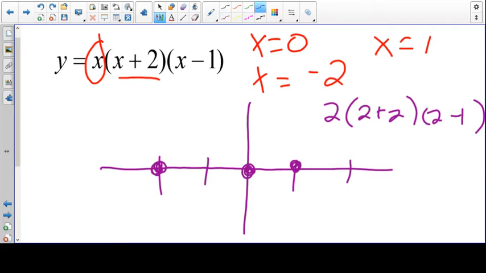So that means, again, this is a positive value on this side of my graph, so we're going to come in positive. And likewise, if you picked, say, -3, you have -3 times -3 plus 2 times -3 minus 1, which would give you -12, which would go with what your graph is telling you, that you're going to be in the negative side.